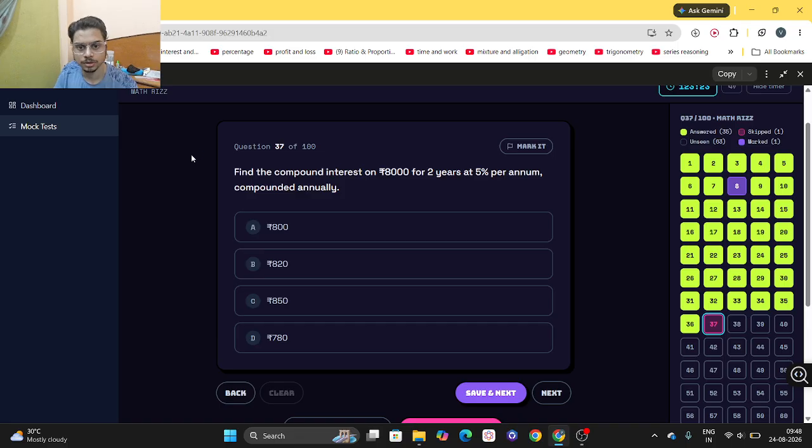The compound interest on 1,000 rupees for 2 years at 5% per annum compounded annually.